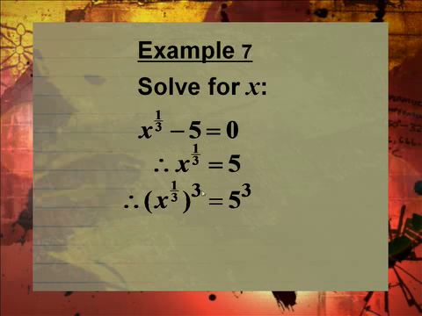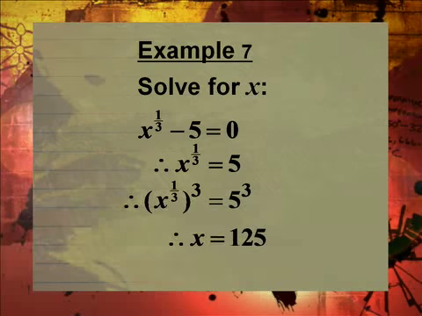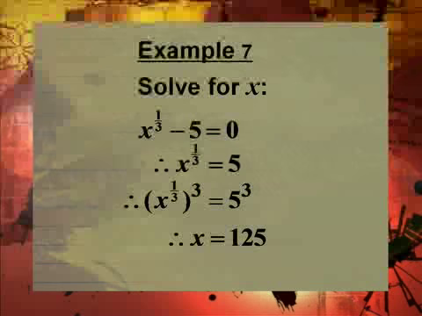Now let's cube both sides to get rid of the 1 over 3. If it's 1 over 3, you simply multiply by 3. And there you go, x is equal to 125. So you can see, guys, the solution is x is 125. When you've got the fractions, if it's 1 over 3, put a 3 onto both, and there you go.